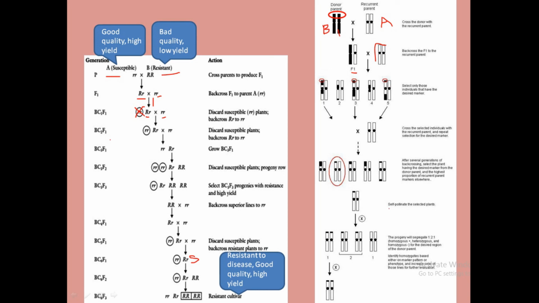Then we can self pollinate the selected plant. We have selected this kind of plants. Then we are doing selfing.